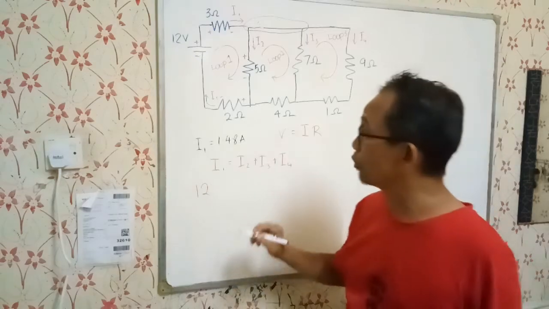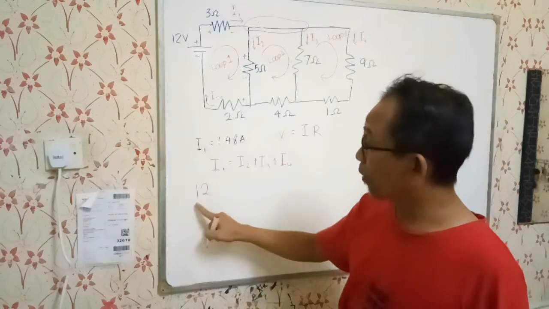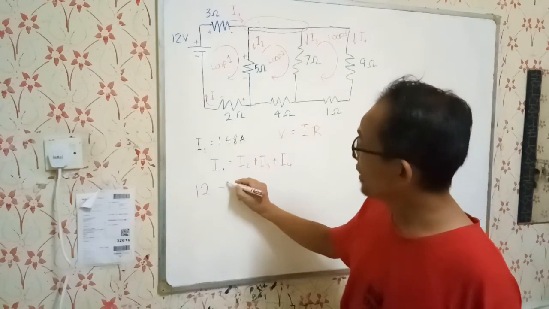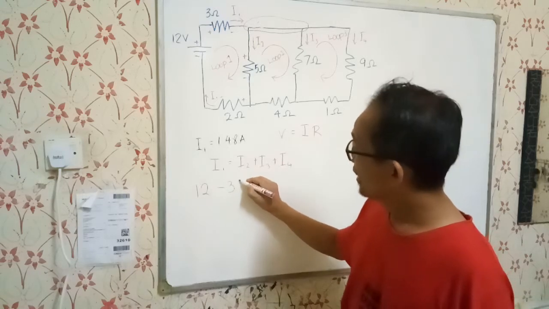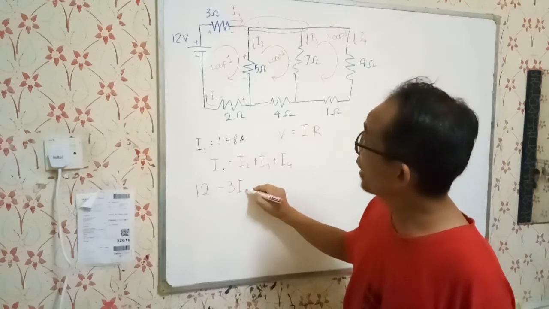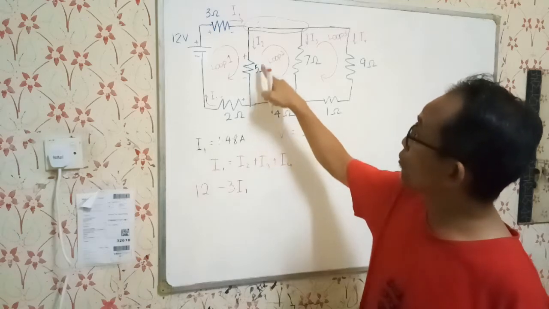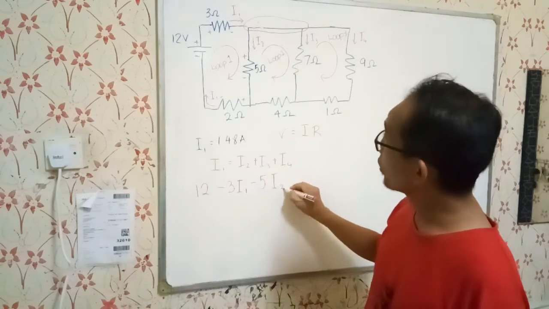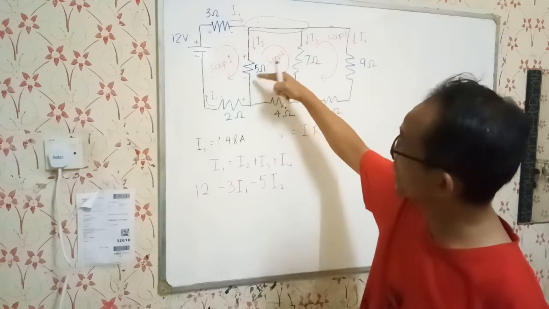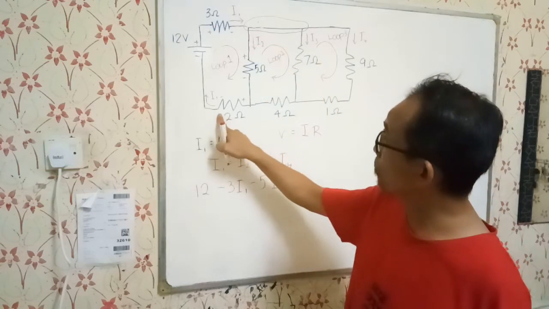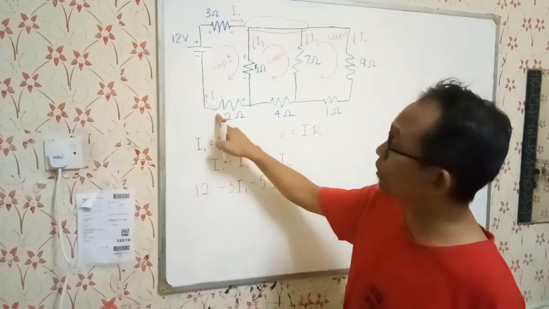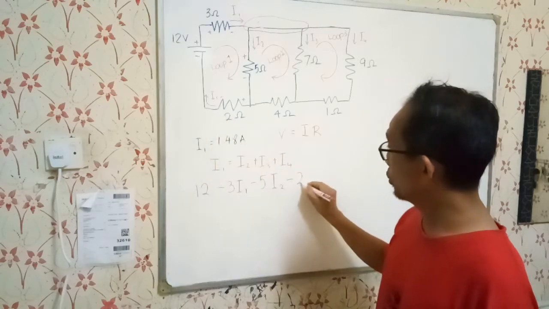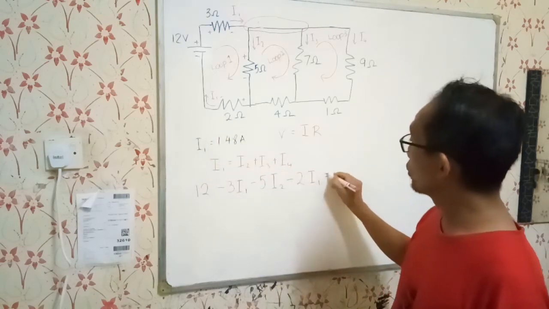And so we have the equation that starts with the battery, positive 12, minus 3I1, the 3 ohm resistance, minus 5I2, because the current that passes through here is I2, and then the current that passes through the 2 ohm resistor is also I1, minus 2I1 equal to 0.